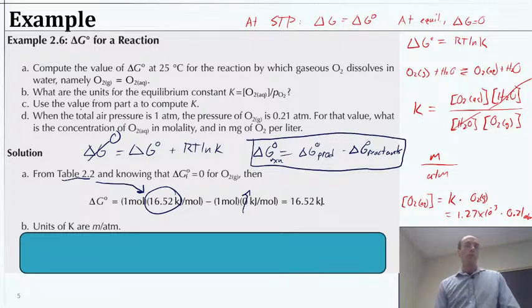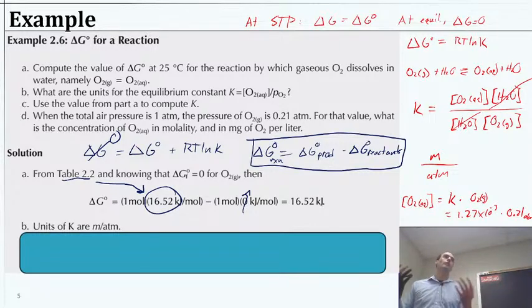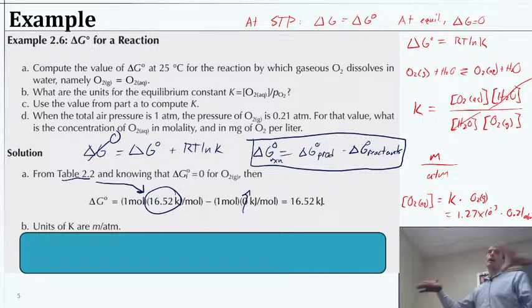All right. So part B says, what are the units for the equilibrium constant? And that's where this little derivation I did might help us a bit. We have concentration in the aqueous phase divided by some concentration in the gas phase. And like I said, we're going to cover this in more depth later, but when we work with something in the gas phase, we don't typically use a molar concentration. We usually use atmospheres. 1 atmosphere is the amount of pressure at sea level, so approximately what we are experiencing right now.